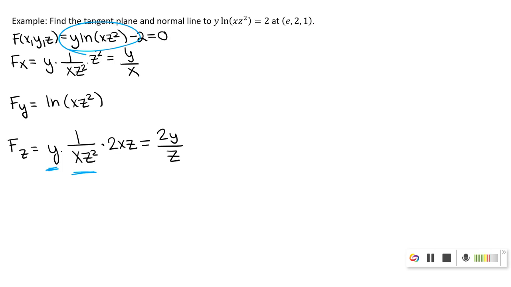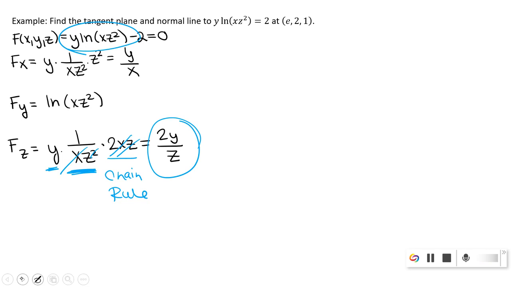I get 1 over xz squared. And then I use the chain rule again, multiplying by the derivative of the inside. So the derivative of xz squared is 2xz. We can cancel the x's, we can cancel one of the z's, and we're left with 2y over z.